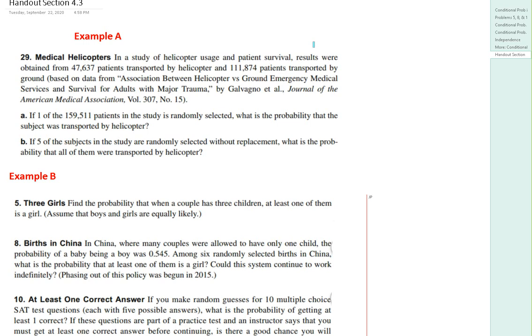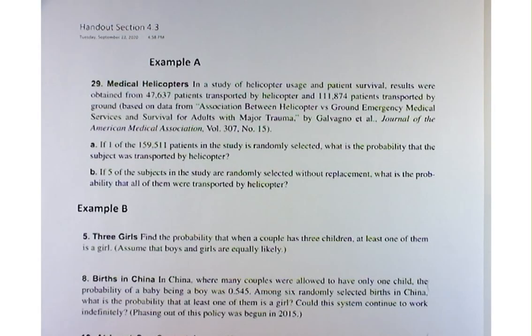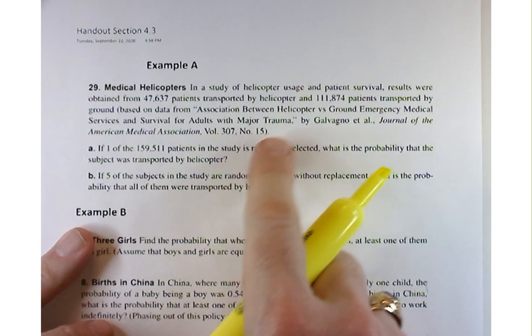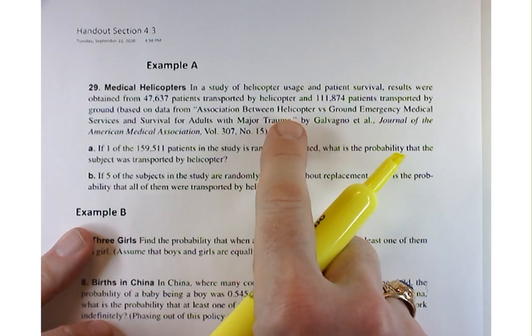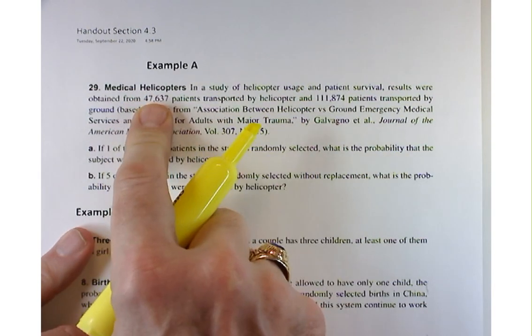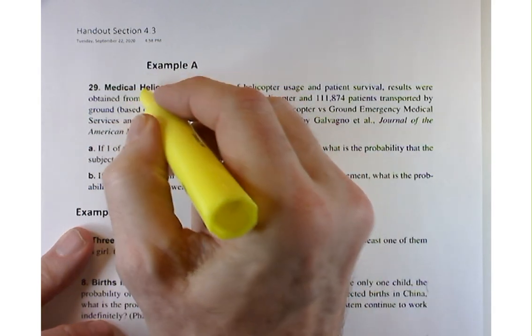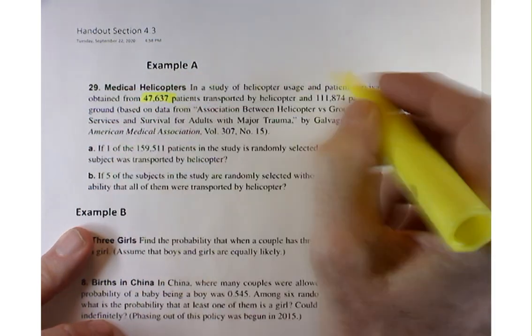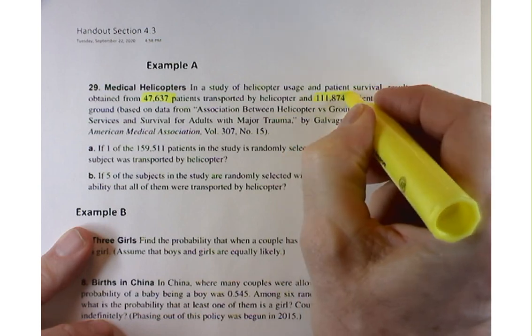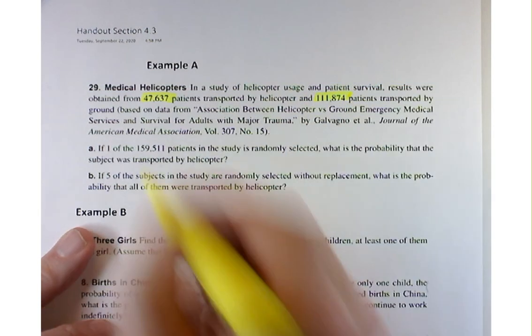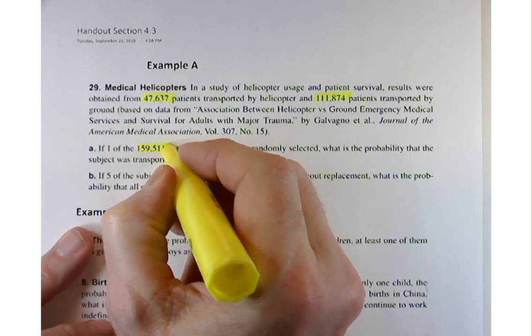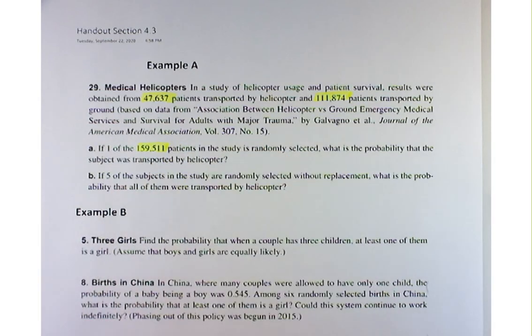Now this is kind of nice that the problem did for you. Nice little small thing. And that is, you can't say the probability of them being transported by helicopter was 1 out of 47,000. You've got to add up the patients transported by helicopter with the patients transported by ground to get this total right here. That's how many patients are in the study altogether.